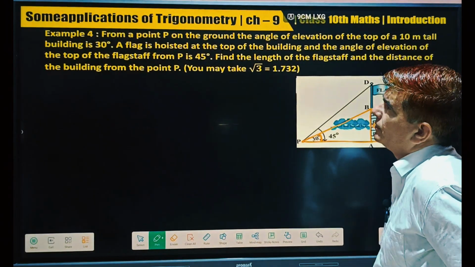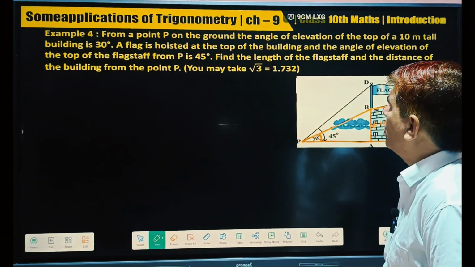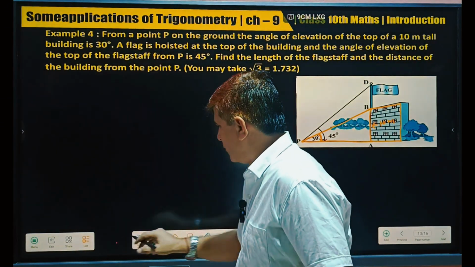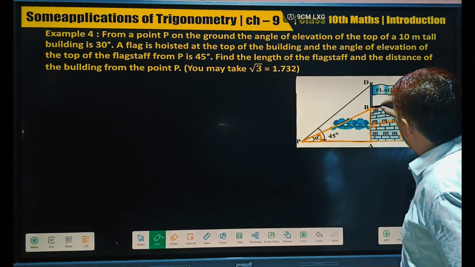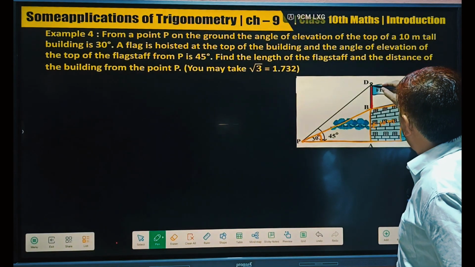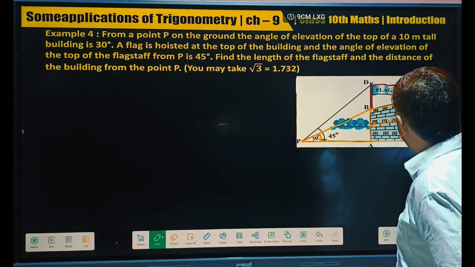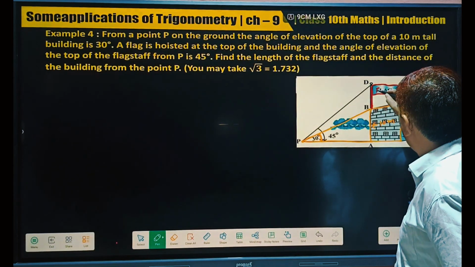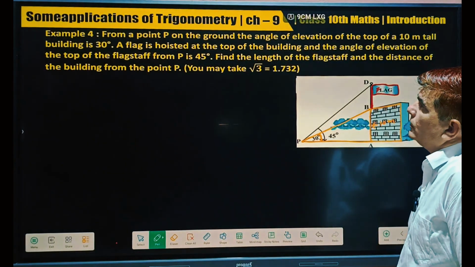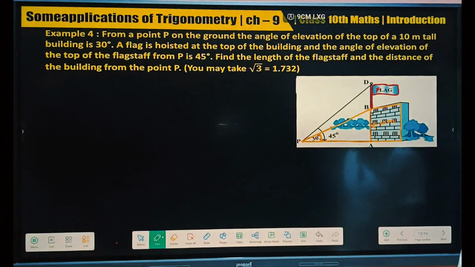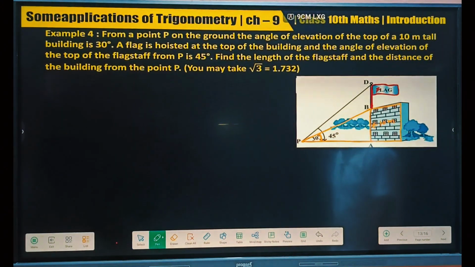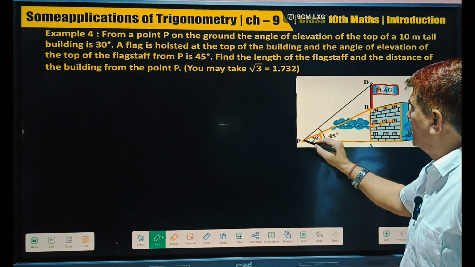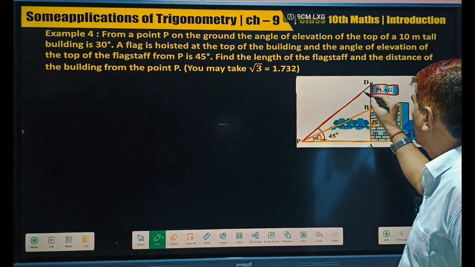30 degree. A flag is hoisted at the top of the building, and this is a flag. Which one is the flag? This one. Flag is hoisted at the top of the building, and the angle of elevation of the top of the flag staff from point P, meaning top, is 45 degree.